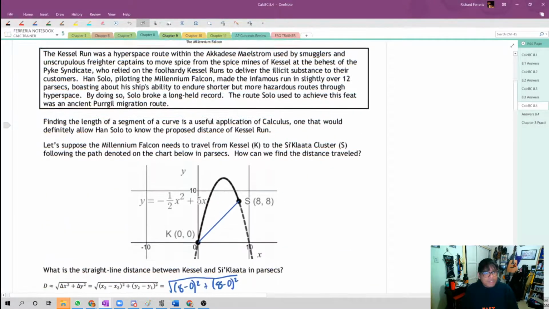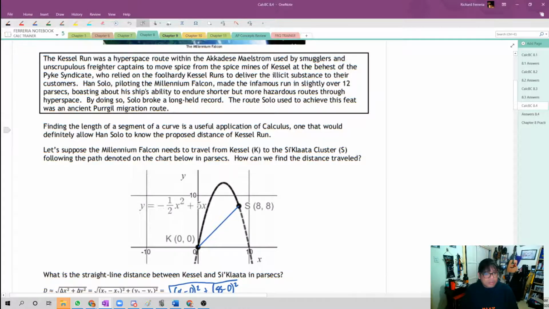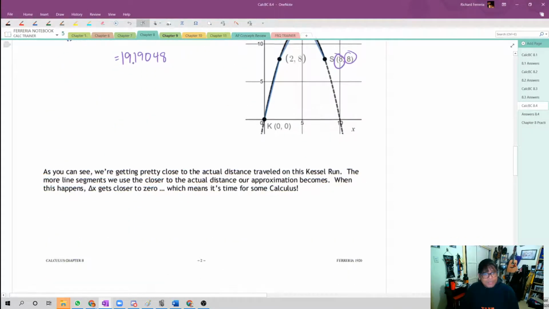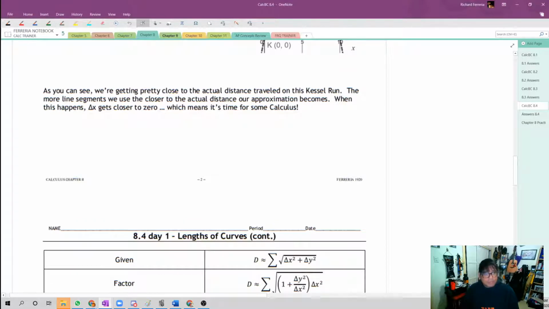What was my function? It was y equals negative 1/2 x squared plus 5x. So dy/dx is going to be equal to negative x plus 5.